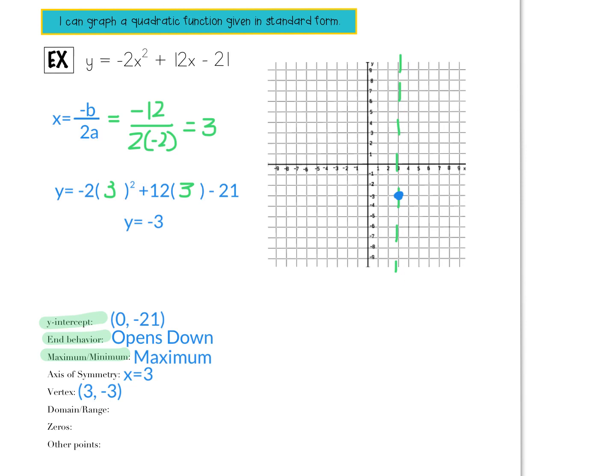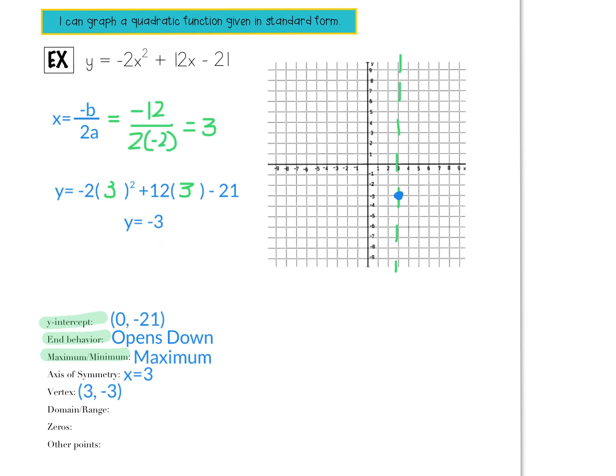So I drew my dashed line down there showing where that axis of symmetry is. The vertex is on the axis of symmetry, so it has to have an x value of 3. So I went to my function and I plugged 3 in, and when I calculated it out, I got -3. So I know that my vertex is at 3, -3.